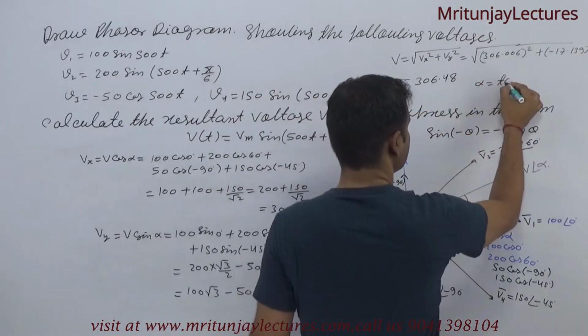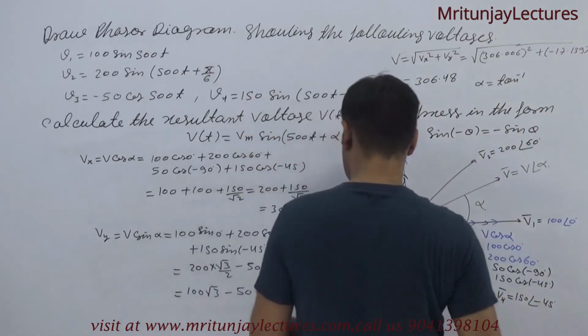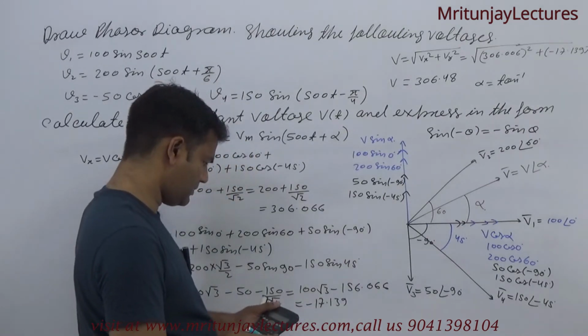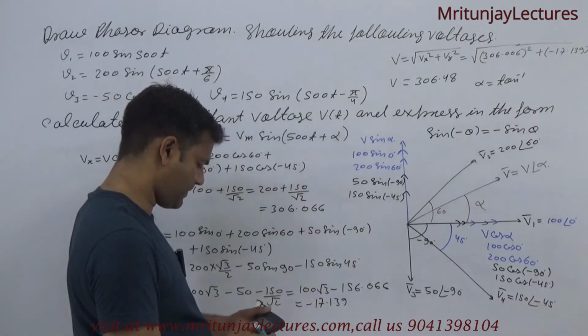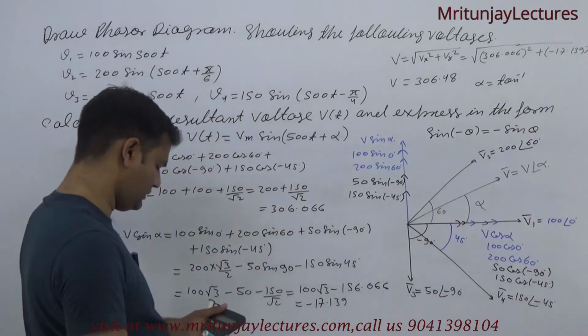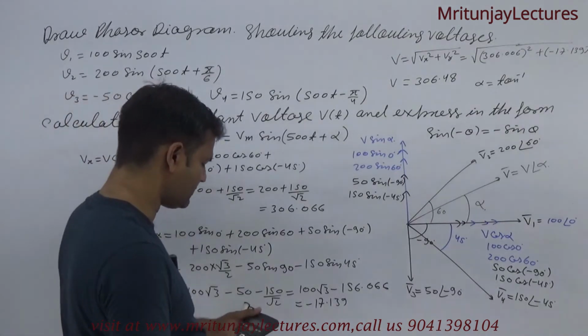Alpha is tan inverse Vy by Vx. Vy is minus 17.139 divided by 306.006, like this one.